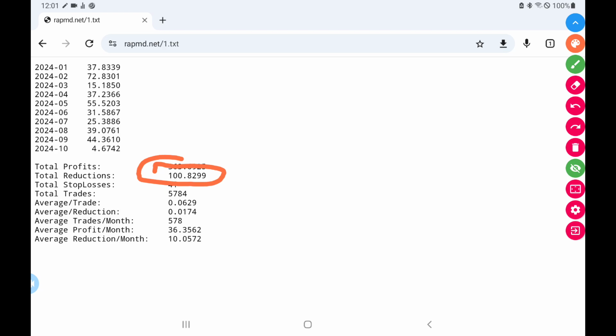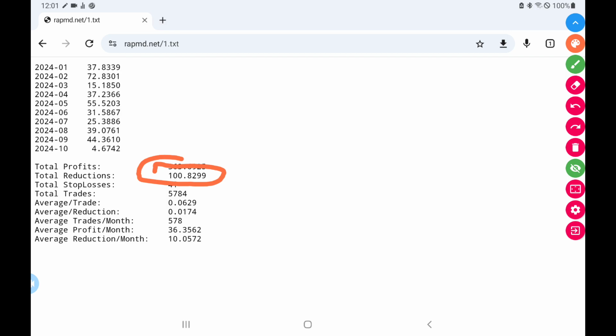So I've taken a deliberate, intentful loss of $100. I have a total of 5,784 trades, and I have a total or an average of 578 trades a month.